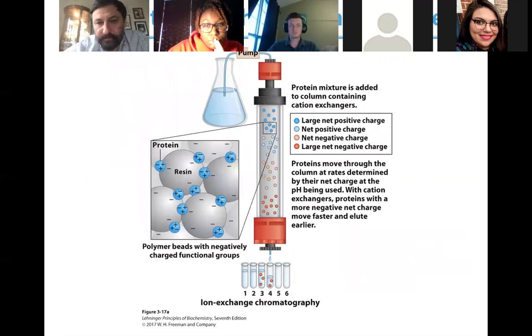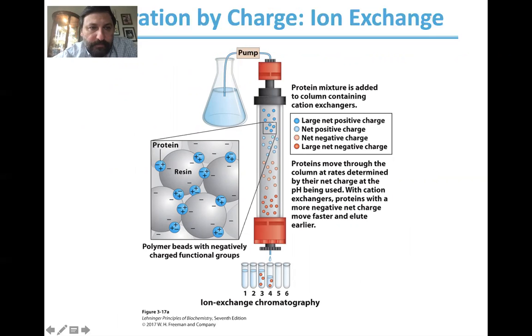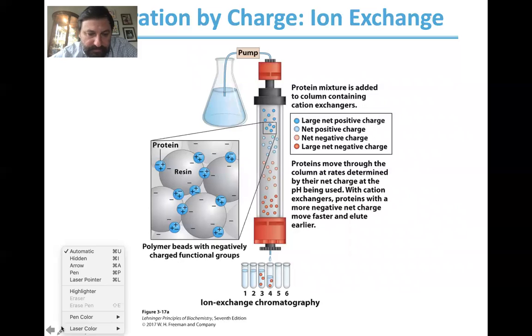Then you ask about ion exchange. So let me actually close this. So ion exchange chromatography. Here, the resin will have a particular charge, okay? And usually when it's a negatively charged resin, you have some kind of sulfate residue.